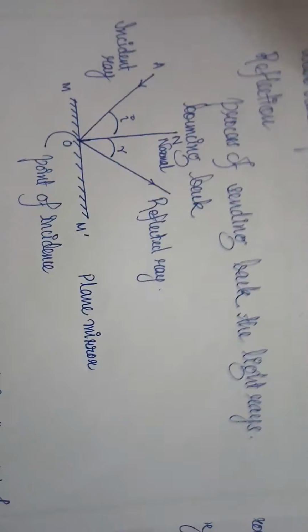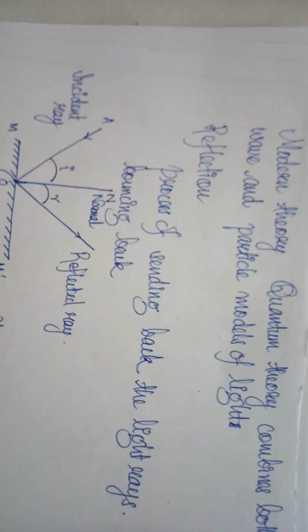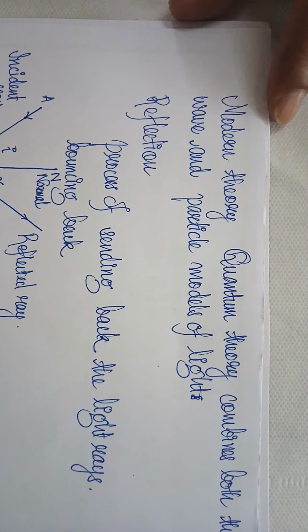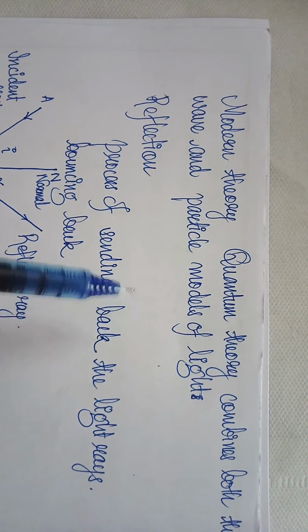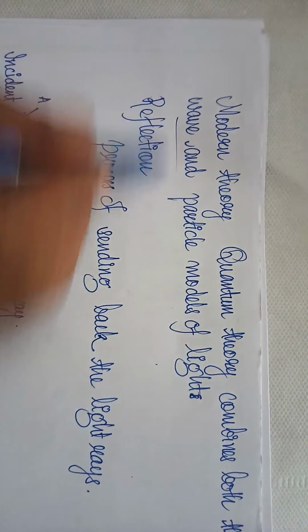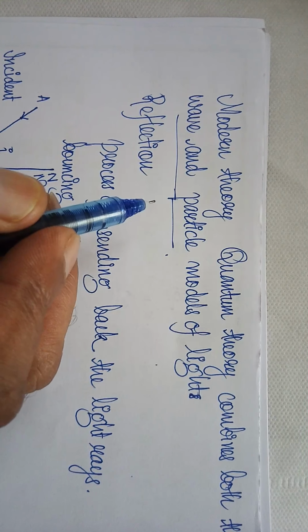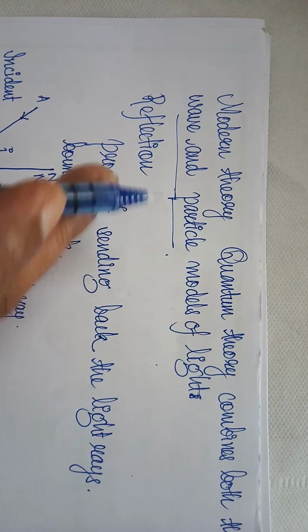The modern theory is known as the quantum theory. It combines both the wave and particle models of light, referring to the wave or particle model according to the condition. Light has a dual nature.